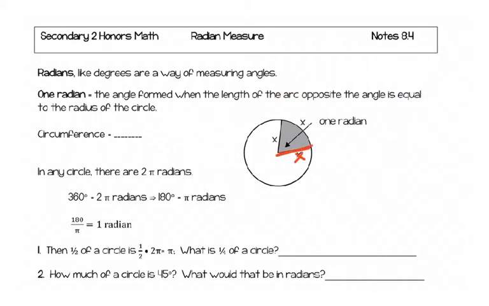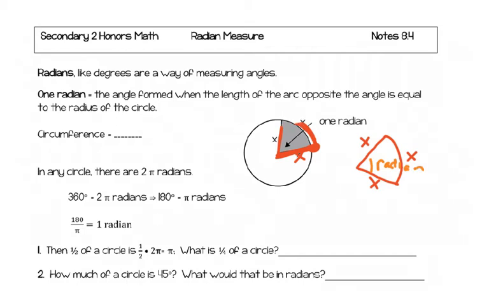Take this red piece, think of a piece of licorice, and wrap it around the circle where it meets. This arc is also x. You get something kind of like an equilateral triangle, but one of the sides is curved. When you have that situation, this is 1 radian.